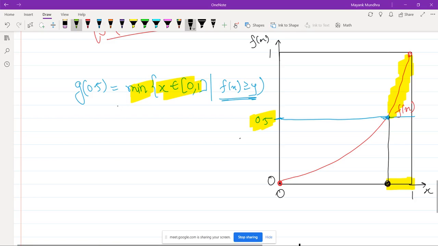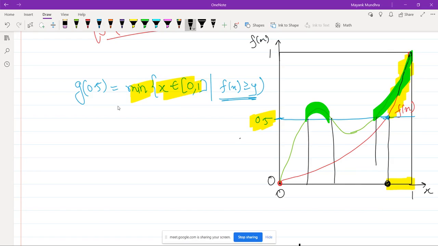On the other hand, if you have another function which looks like this, in this situation f(x) is greater than or equal to y in this region and in this region. So the corresponding values of x become these. Of these, the minimum value is this one.